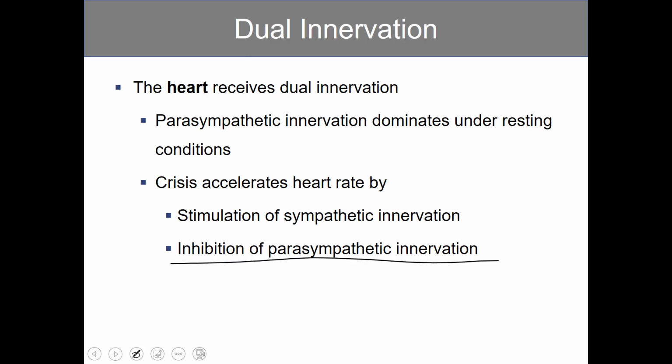So again, if you take the analogy of one foot on the gas and one foot on the brake, during times of crisis, the foot that's on the gas is going to depress, and you're going to speed up while the other foot is going to come off the brake. So you get an inhibition of the parasympathetic, the foot taken off the brake, while a stimulation of the sympathetic, one foot depressing the gas. So you end up with an acceleration of the heart rate.